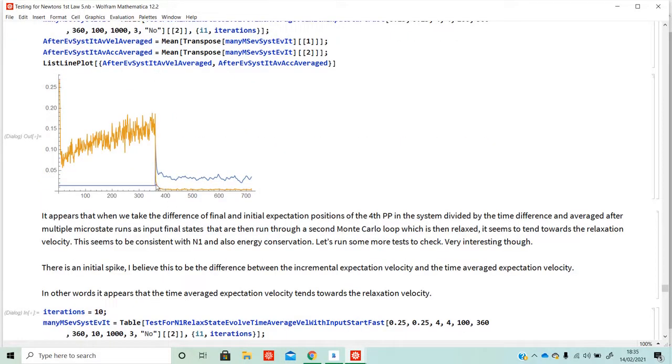Now this one's dropped down a little bit below, and I think that's because, as I was saying before, the more time steps you have and the fewer iterations you have, the system's going to increase in its error, because you have a smaller sample of the overall Hilbert space.